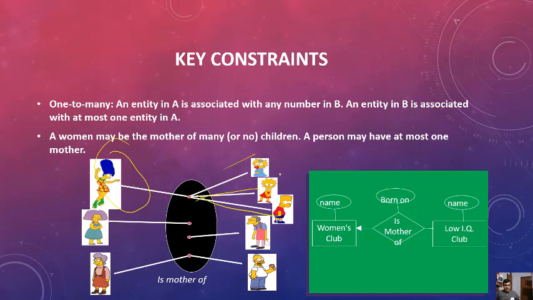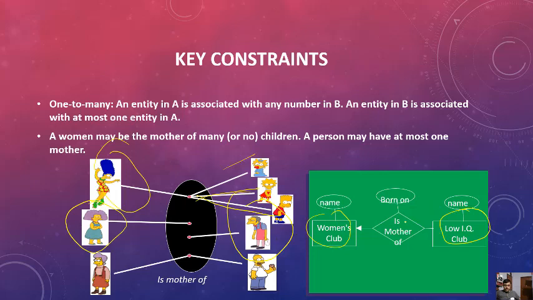Okay, so here also there may be some idle entities which have no mother or no son in the list available. So the women's club and the low IQ club, that is the person is related by the mother-of relationship. So here one woman may be associated with many low IQ club members.